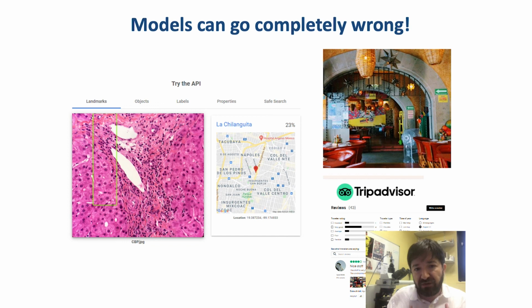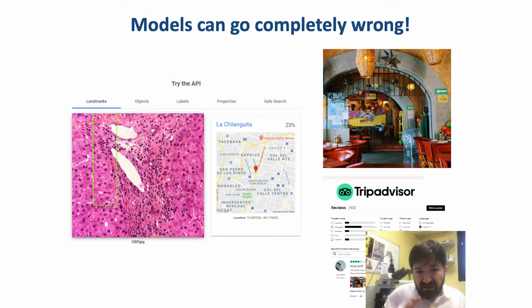I would also like to end by saying that models can sometimes go completely wrong. For example, on Google there is a website where you can upload a picture, whatever picture you have, and the model will try to make predictions. So, I took this picture of a liver and uploaded it to the Google website, and the prediction was that it corresponded to a restaurant in Mexico City.